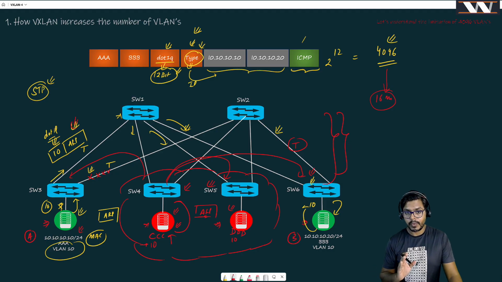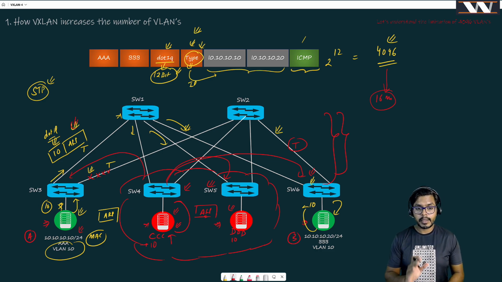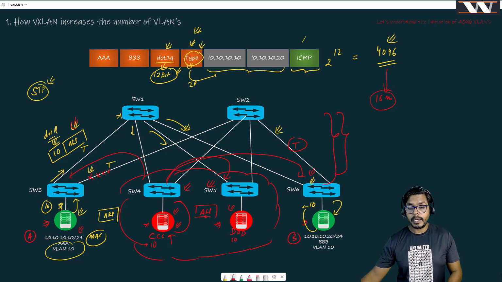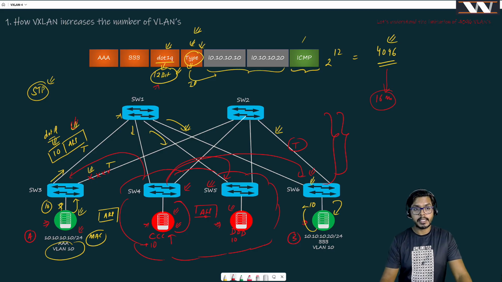This is what we want to understand. I just let you know why we have 4096 VLANs in our current switched environment. Again, repeating, if you are sending the message on this trunk, you need to put the .1q header, and the .1q VLAN field is 12 bits, and that is why you cannot have more than 4096 VLANs.